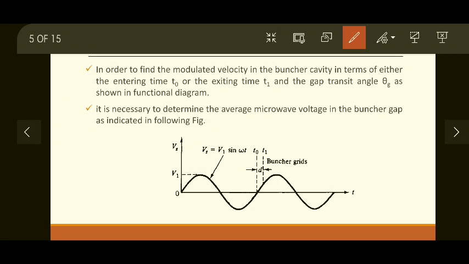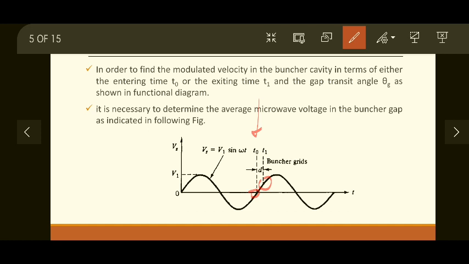Now when this Vs enters the buncher cavity, we have to calculate how the velocity will be modulated when it travels the distance from time t0 to time t1. That is shown here, as you can see, t0 to t1. The distance between these two points is small d.